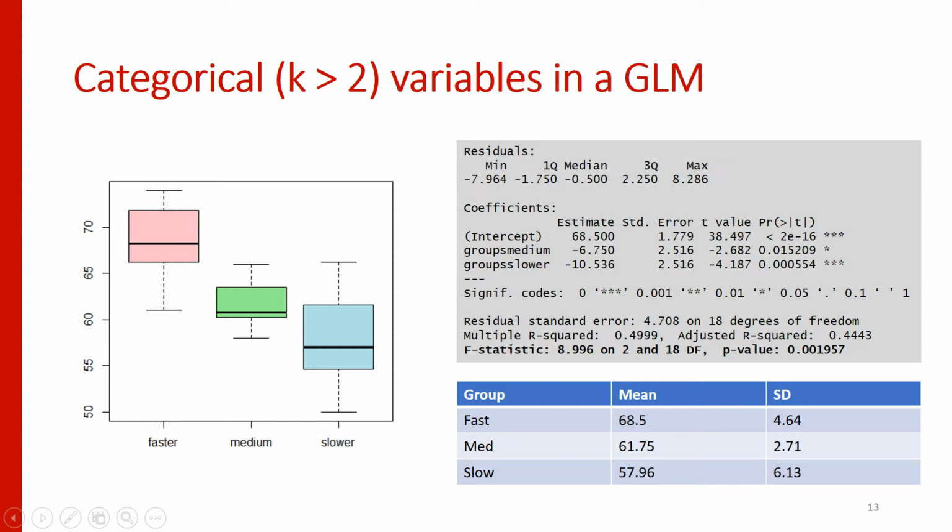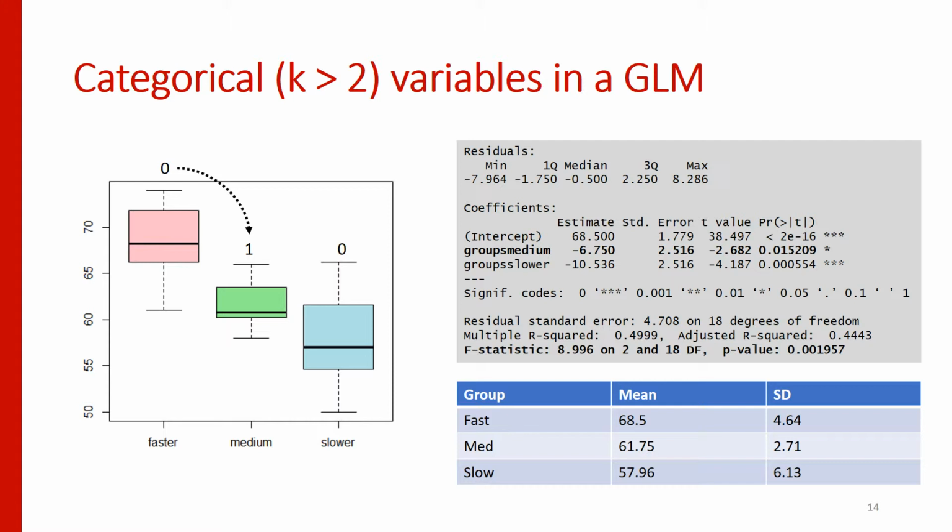And so what we have then is an equation where we can actually solve to get these group means that we see down here. So the slope for the first code tells us about the difference between the intercept, 68.5, which is the mean of the fast group, and the mean of the medium group, which is 6.75 points lower than the fast group.